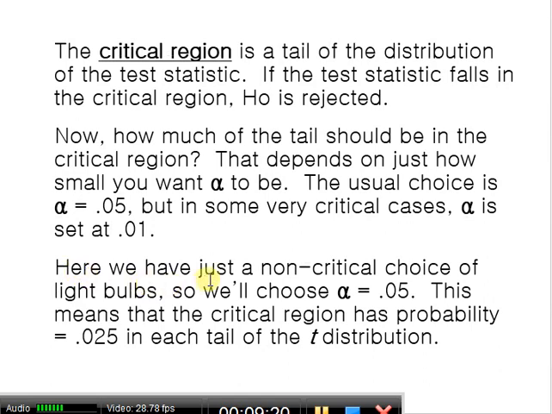Here we have just a non-critical choice, so we will choose alpha equal to 0.05. This means that the critical region has probability 0.025 in each tail of the t distribution.